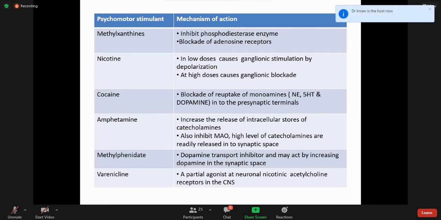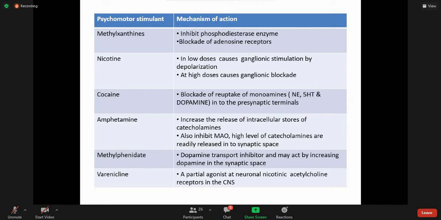So this drug, methylxanthine or theophylline, inhibits the phosphodiesterase enzyme, which is responsible for the breakdown of cyclic AMP. For smooth muscle relaxation, the level of cyclic AMP is required. So if the phosphodiesterase enzyme breaks down the cyclic AMP, the level of cyclic AMP will decrease.